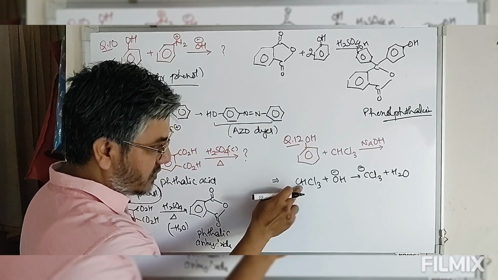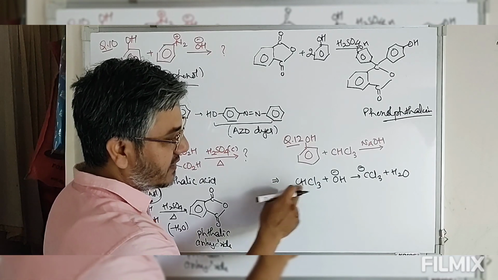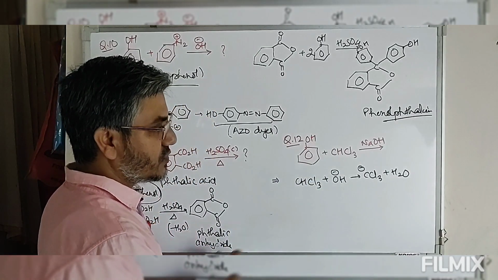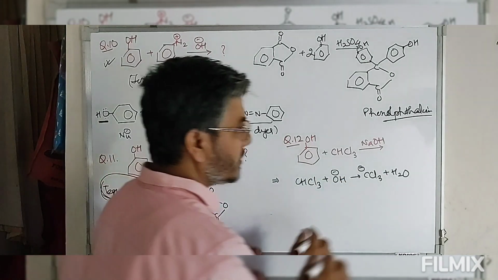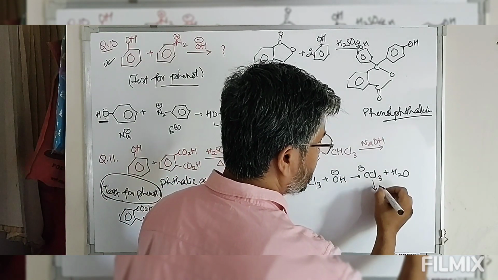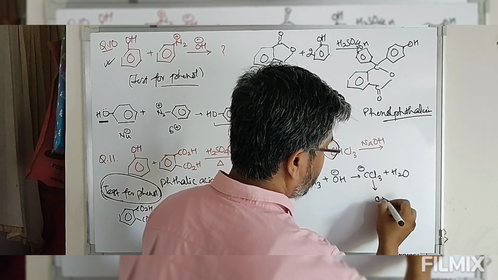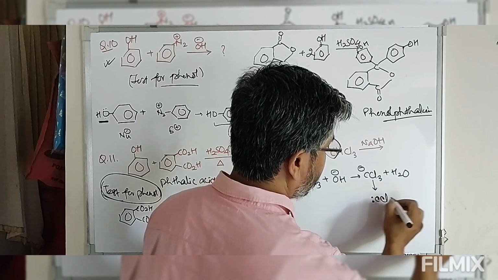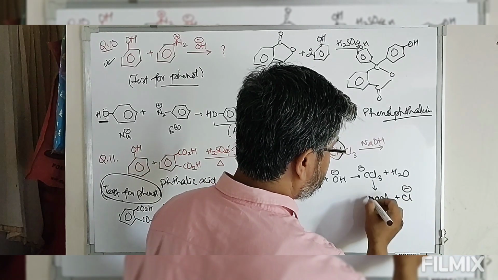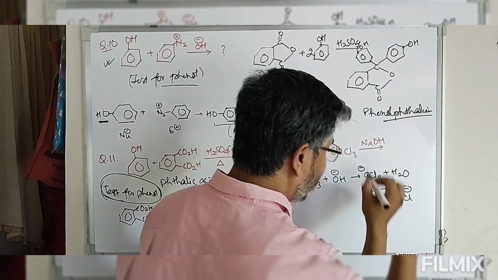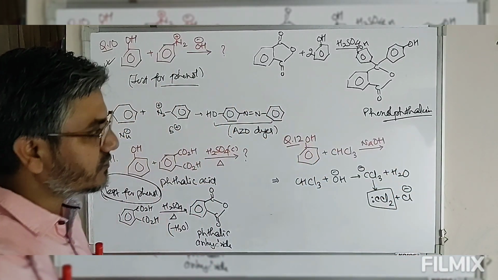So this hydrogen of chloroform, being acidic, is withdrawn by base to give you CCl3 minus. Now this CCl3 minus undergoes decomposition to give you dichlorocarbene plus Cl minus.